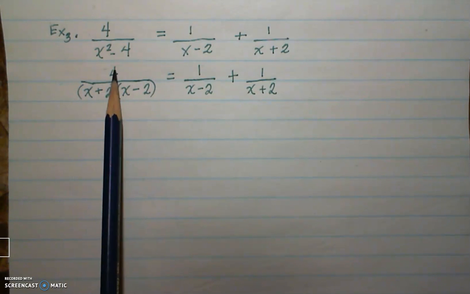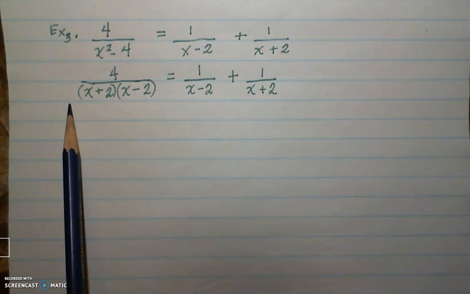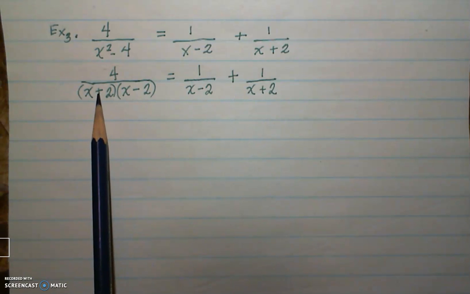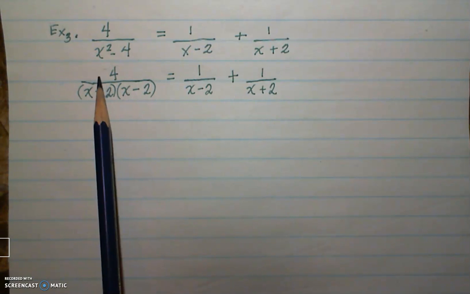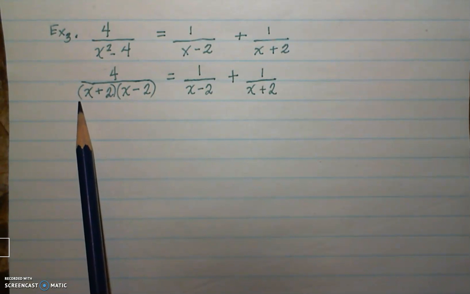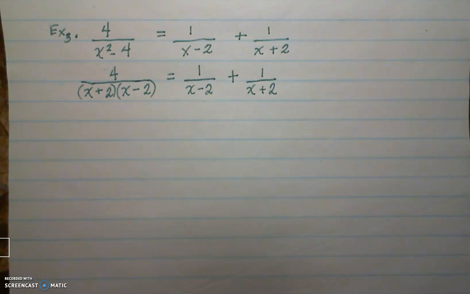On this denominator, you will see the x minus 2 over here. In this denominator as well, you can also see x plus 2, which is here. And this denominator has also this denominator. So this is the least common to all the three.